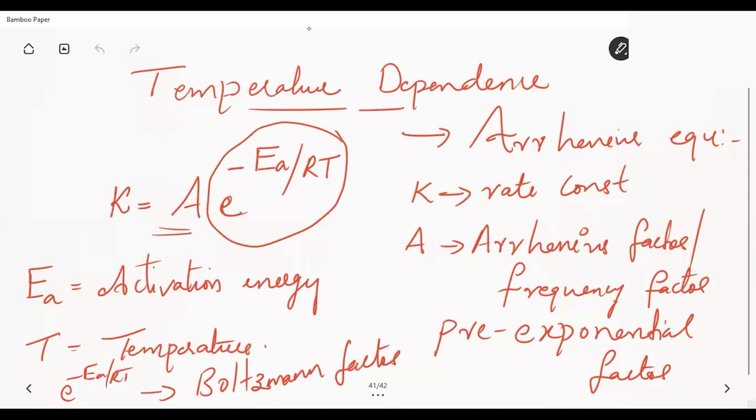Now let us convert this equation. When the equation is like this, it is very difficult to work with, because of the exponential; we have to use a calculator. So you have to make it a useful form. How will you remove that exponential? We have to take logarithm on both sides. So I'm going to take ln on both sides. ln k is equal to ln A minus Ea by RT.